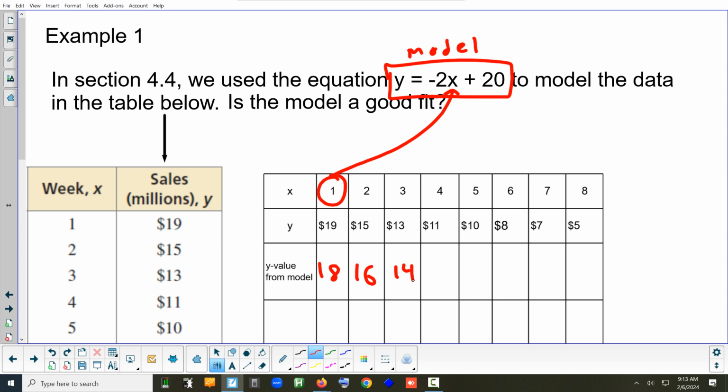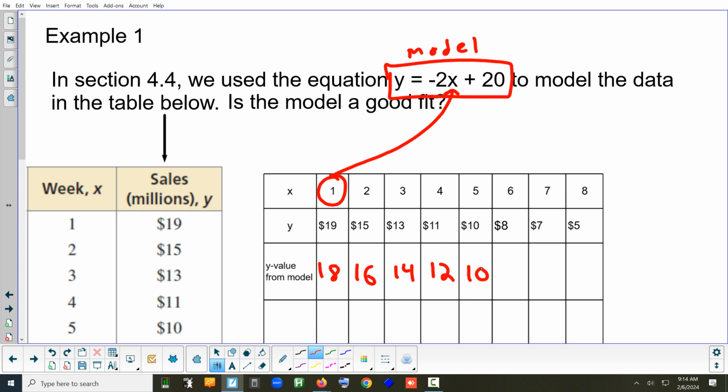Let's plug in 4. What's negative 2 times 4? Negative 8. And if you add 20 to it? 12. Let's plug in the next x value, 5. What's negative 2 times 5? Negative 10. And negative 10 plus 20? 10. You might notice a pattern in the y value from the model.